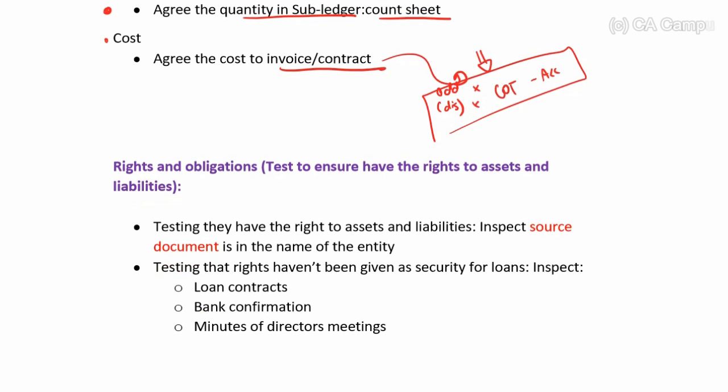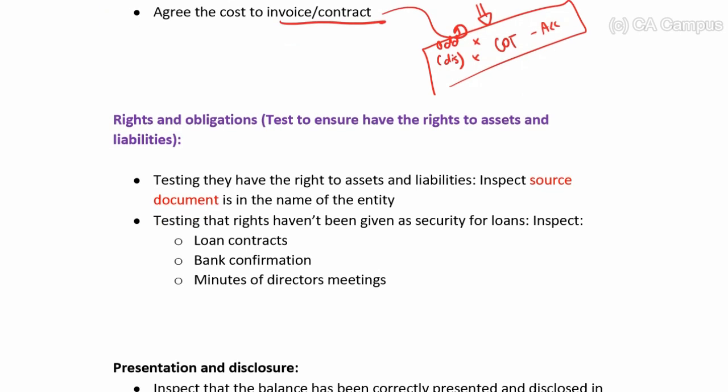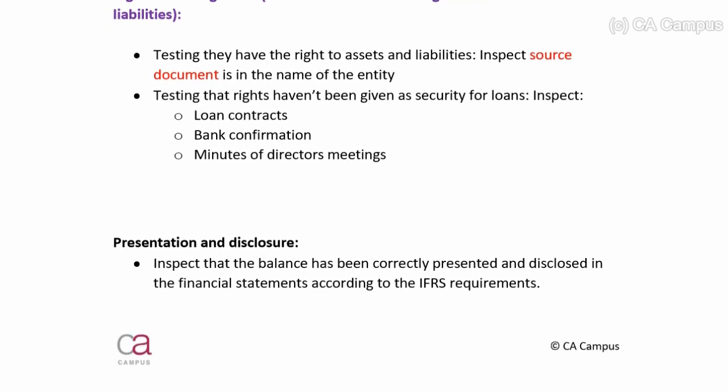Okay, rights and obligations, we're going to get the details from the bank as a confirmation and therefore also helping us to prove rights and obligations. And then finally, presentation and disclosure, we will do according to IFRS requirements because it is a loan balance.